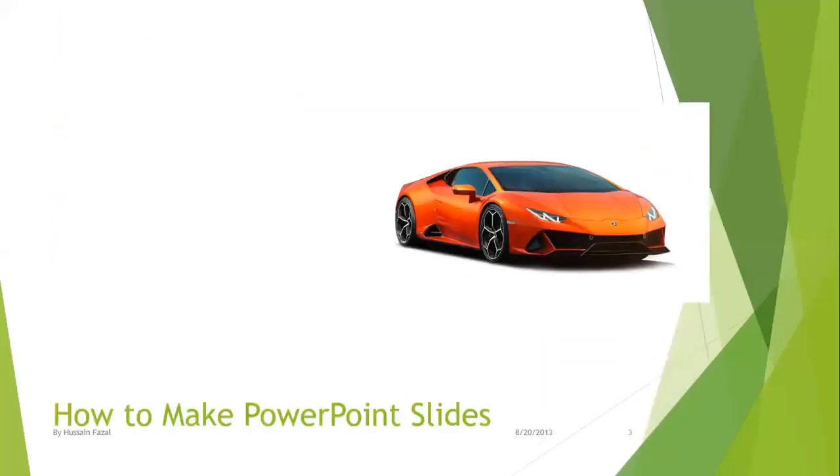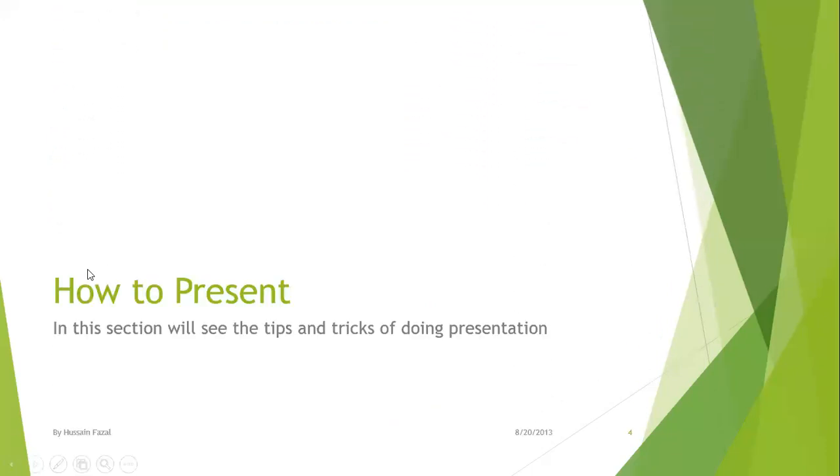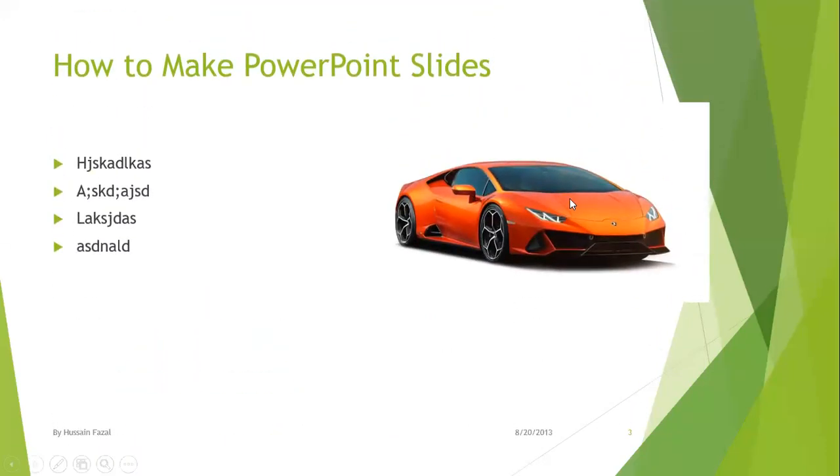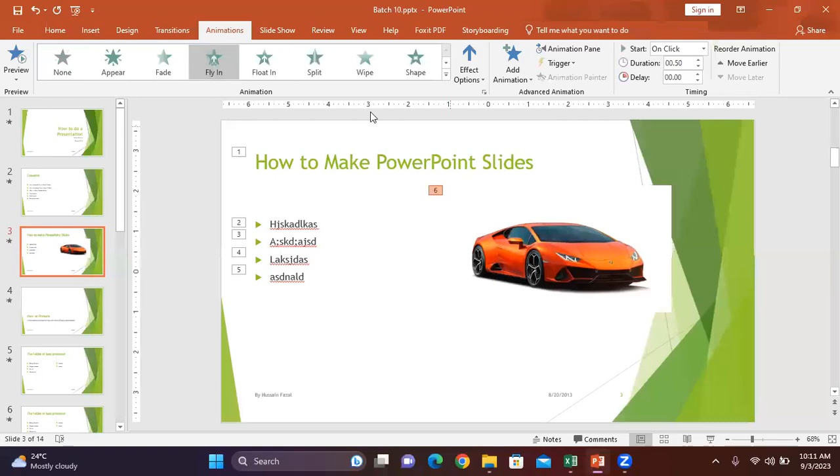So you don't need to click like this one by one, which would be difficult because sometimes you will forget some points, or the image also you'll add some transitions. So always make sure when you add any of these animations or transitions, you make it with previous or after previous. With previous means everything together. After previous means one by one, in an order it will come.